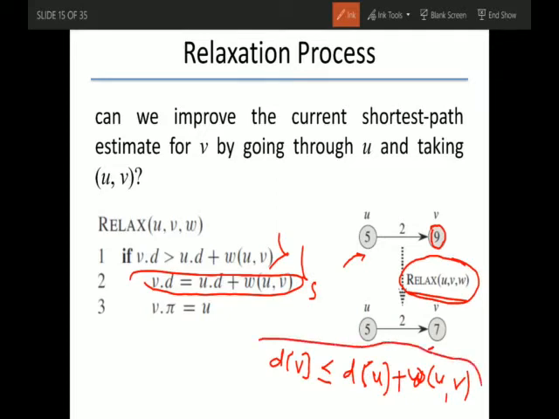This condition should always be satisfied, and that's why this process is named relax. It is like saying relax, we got the condition satisfied, so there is no pressure to satisfy this constraint later on. If we have updated it here, the triangle inequality property is maintained, so that's why we call it the relaxation process.